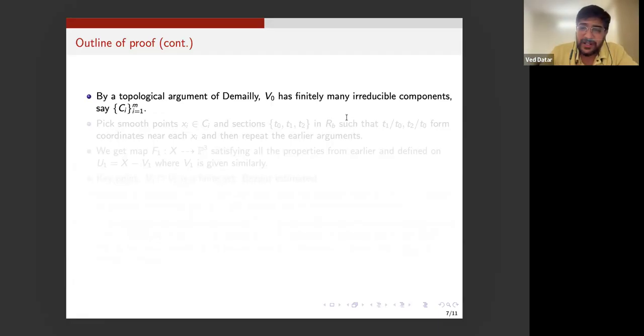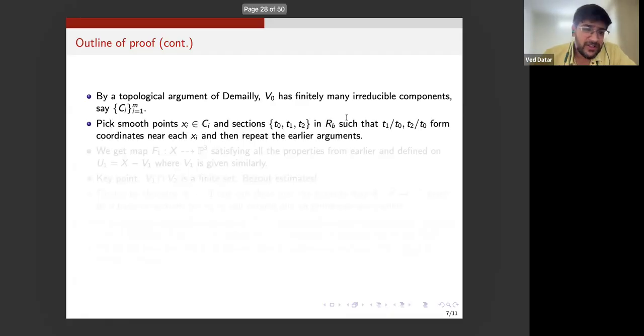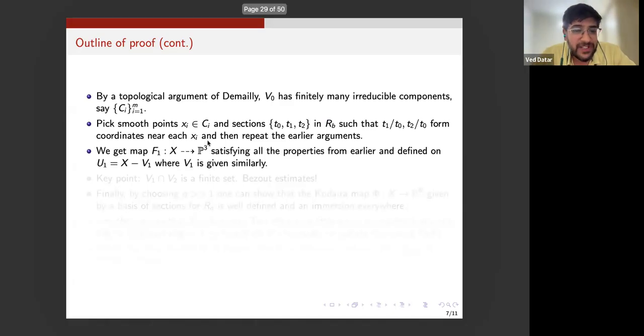So now the idea is that you pick smooth points xi on each of these curves. Then by Hormander's L2 method, one can choose sections in some R_B for some B large, such that these form coordinates near each of these xi's. And then you repeat the same argument from the previous slide.